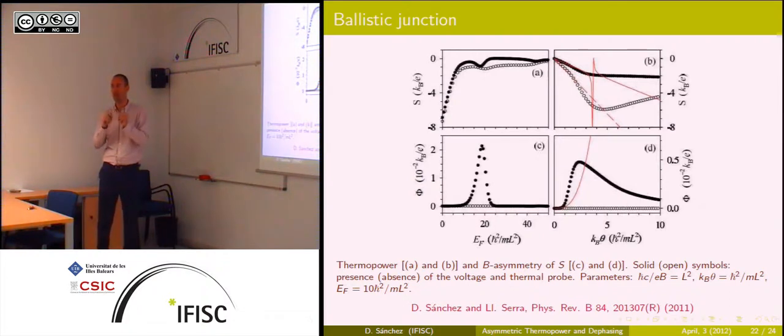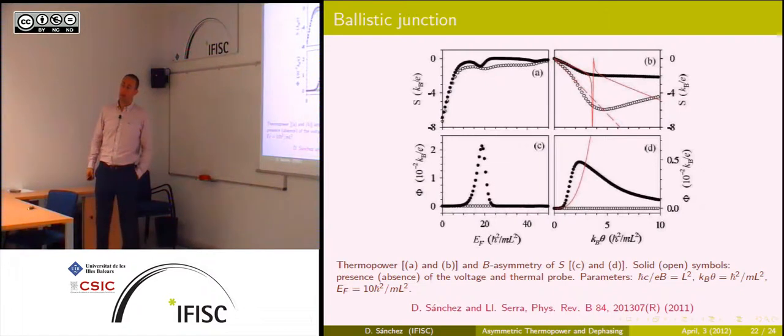It's still not clear how this changes. This is just a proof of concept. We say this is non-zero for this system, but we don't really care about maximizing it. Of course, there could be ways. You don't need any inelastic scattering.